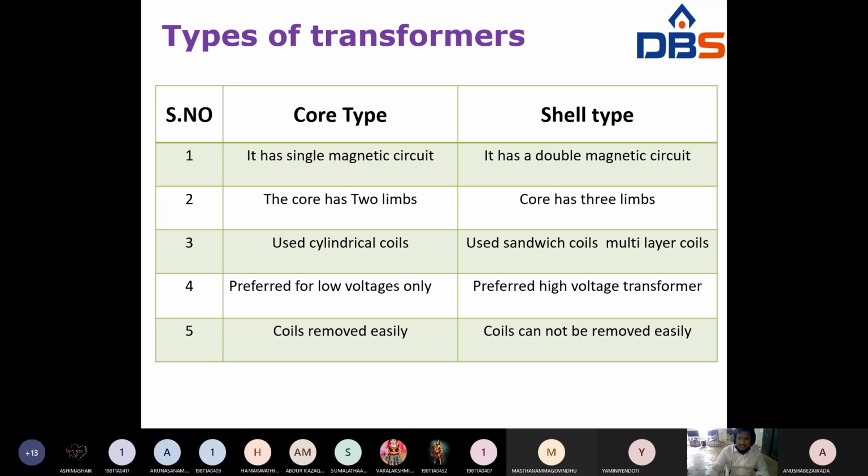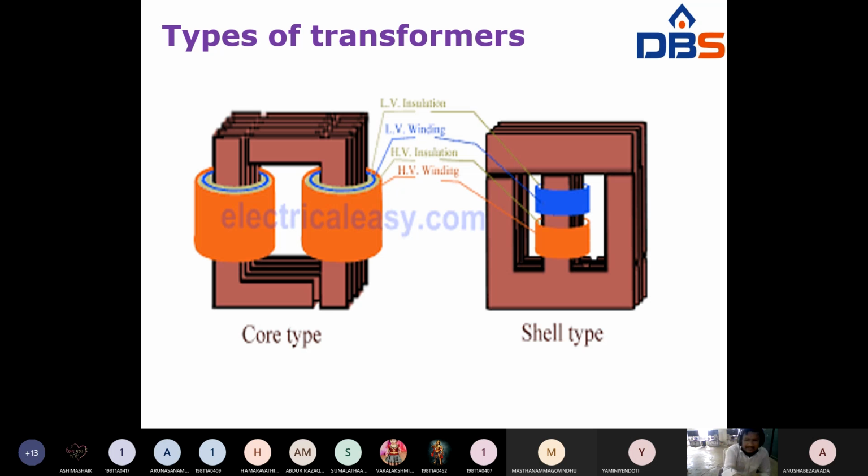Core type transformer is nothing but low voltage transformers, whereas shell type is high voltage, that is power transformer. Coils are removed easily in core type; coils cannot be removed easily in shell type. Suppose any problem occurred in the construction: in L type the coils are removed easily, but here in the third section, if the middle section has some problem, we cannot remove the middle limb separately; we have to remove the total E type lamination.